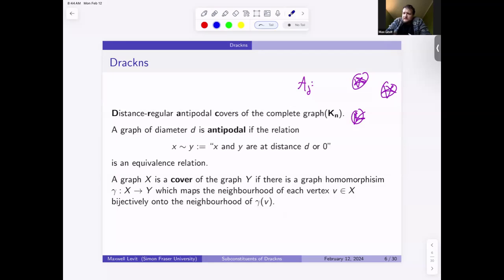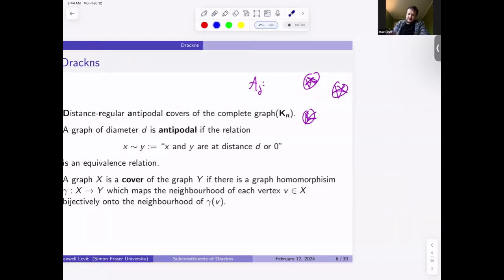So what that means is it's a special kind of graph homomorphism with some extra property. Usually I give an example here. I mean, we already had one example of the icosahedron covering the complete graph. Let me describe specifically what it means to be a cover of the complete graph, because that's the specific case we need.